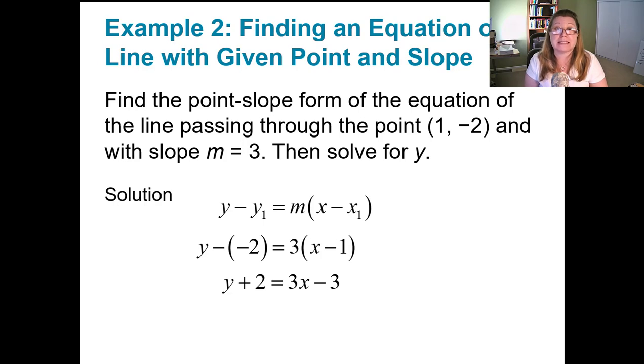Now, I was told to solve for y, so I want to move that 2 over. Subtracting 2 from both sides, we get y equals 3x minus 5. Okay, given a point and a slope, we get down to the equation of a line.